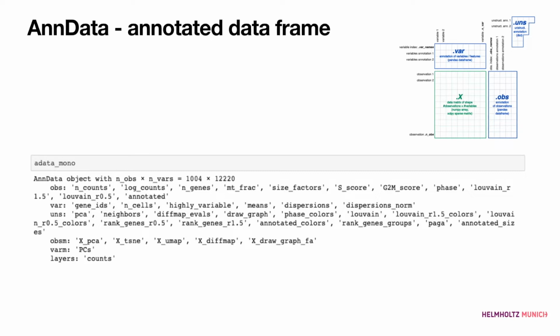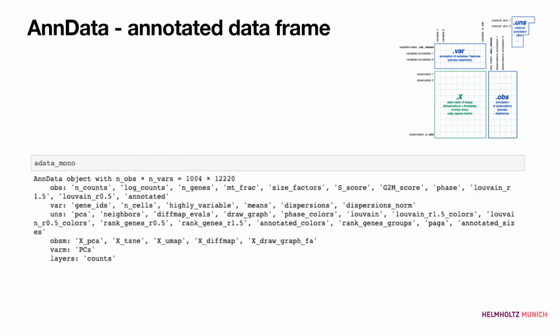This is just a principal component representation. I would assume maybe it's the first 50 principal components of your data matrix, or X_umap is a UMAP representation of your data matrix. So you can easily use this information to then visualize and plot your data.